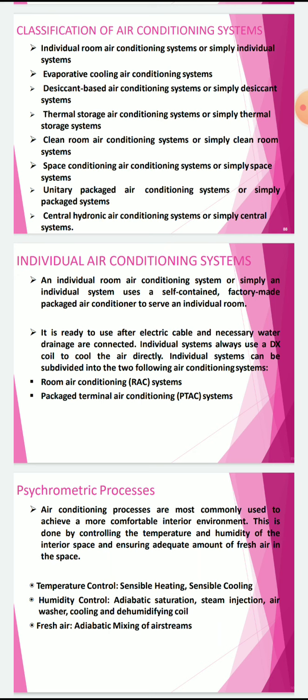Individual systems always use a DX coil to cool the air directly. Air is cooled directly by using the DX coil. And individual systems can be subdivided into the following air conditioning systems: room air conditioning or packaged terminal air conditioning systems.